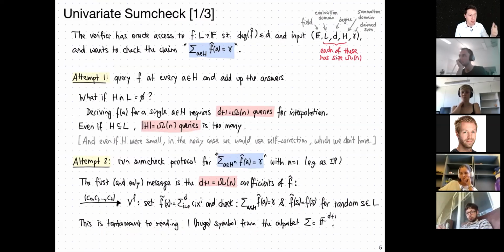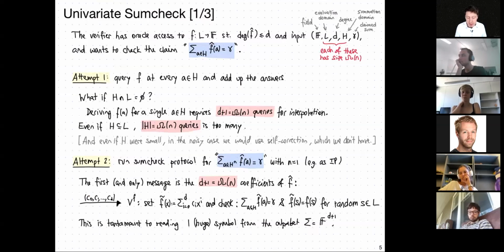I receive the object, I compute the answer, and then I check that the object I received agrees at a random point with the original object, but I still received a full object from the prover, right? So that's like cheating with the help of the prover. Even though we're reading one symbol, the symbol is enormous. It contains a whole object, right?